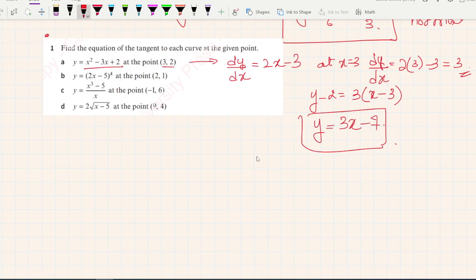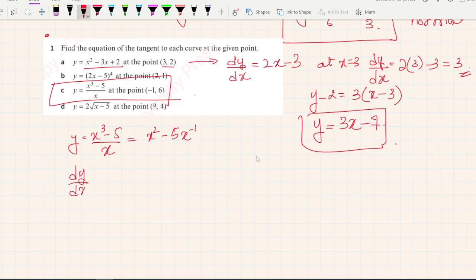Let's do part C as well. C is y equals x cubed minus 5 over x, right? If we simplify this, this becomes x squared minus 5x raised to the power of minus 1. dy over dx would be 2x plus 5x raised to the power of minus 2. And we have to find the tangent line at point negative 1 comma 6.